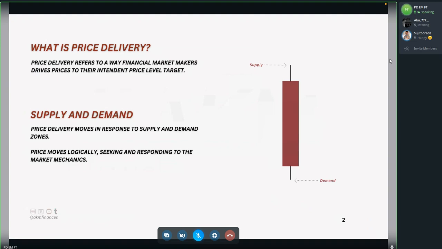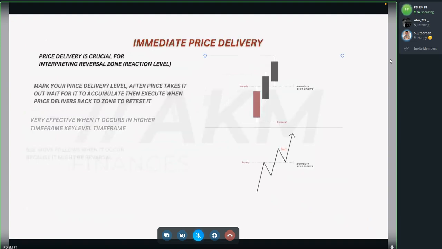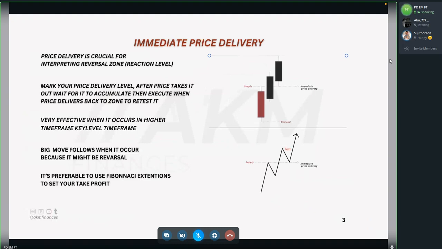In this case, you see this candle's high is supply, this candle's low is demand, this candle's high is supply, this candle's low is demand. What we basically do is we don't use this to trade or execute trades. We use it to determine direction.